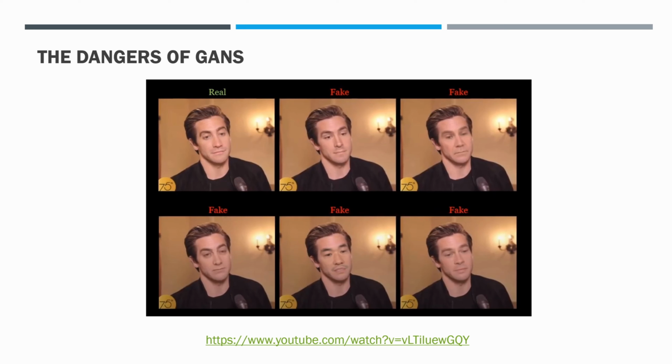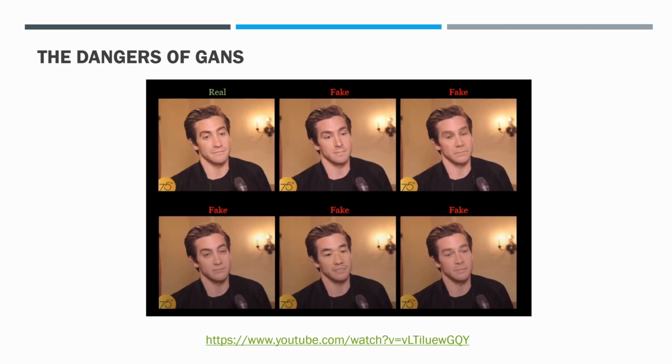Now, with all these capabilities of generative adversarial networks, there are certain dangers as well. One area is you can now generate real looking photos and videos that has the potential to create many social problems. So you can basically alter a video to have any person that you like saying anything that you feel like.